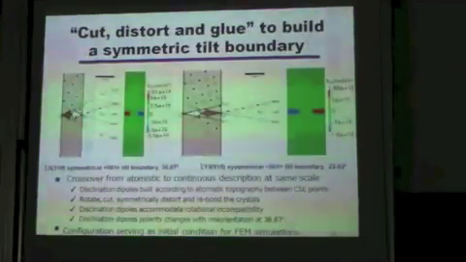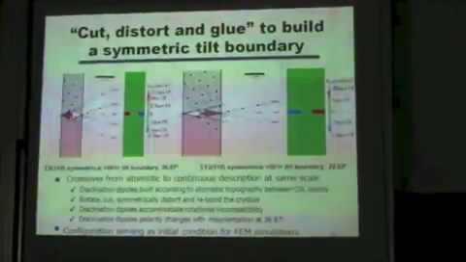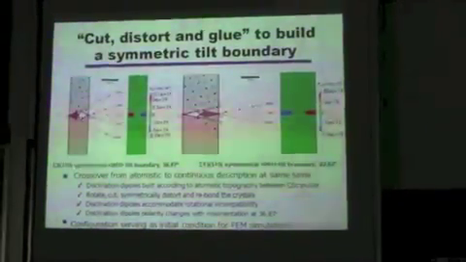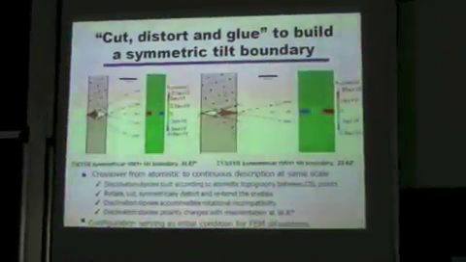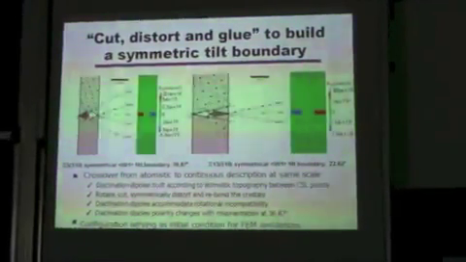Okay, so now I'm showing here quickly how we build grain boundaries with disclinations. We will use periodic arrays of disclination dipoles along the grain boundaries. So here is how it works. I give two examples.